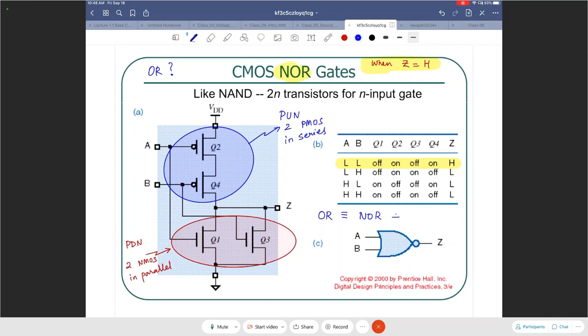Add a NOT, absolutely. So this gate will require a certain number of transistors, maybe 4, maybe 6. In general, it will be 2n, where n is the number of inputs to the gate. But then you will have to add 2 more transistors because of the NOT in front. And that's how you would synthesize an OR gate.